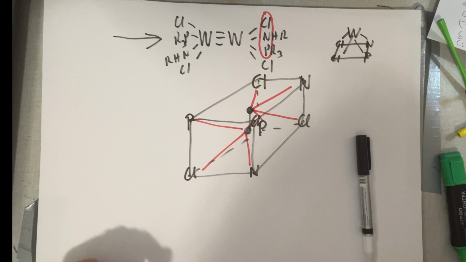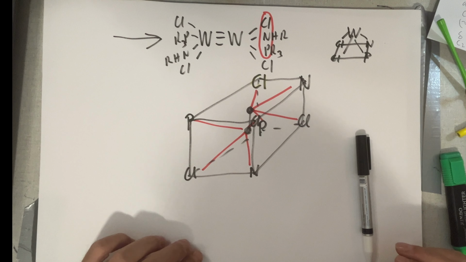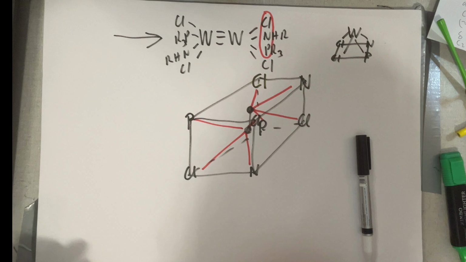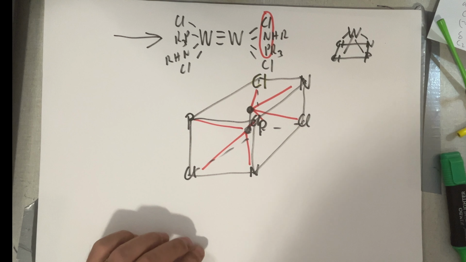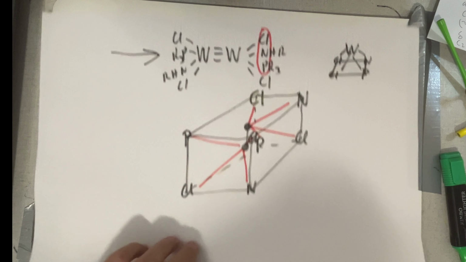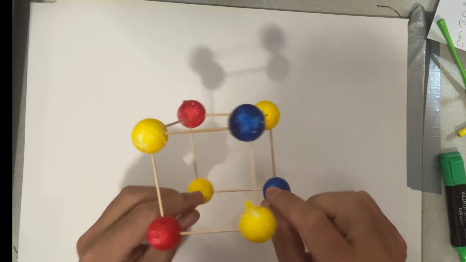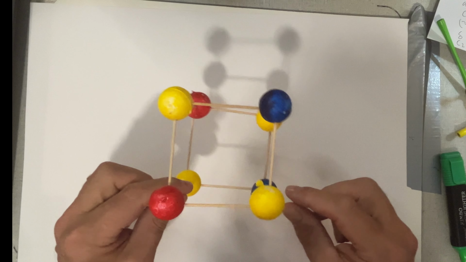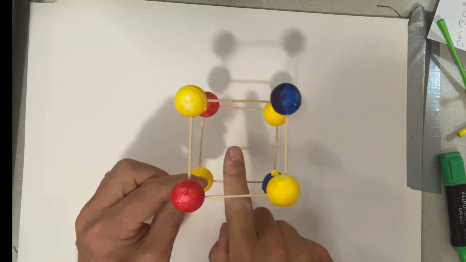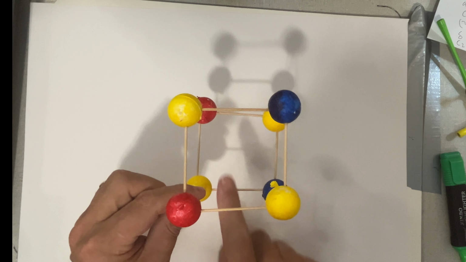So that is one way to look at it. So what essentially happens here is that if one can build little models, this is exactly what I'm trying to say. You have tungsten atoms sitting here in the middle of the cube.